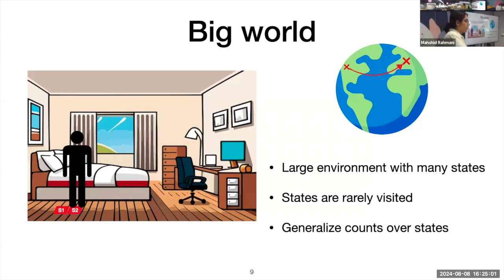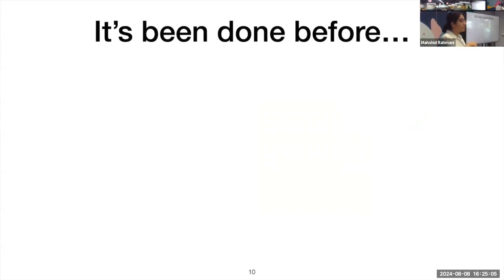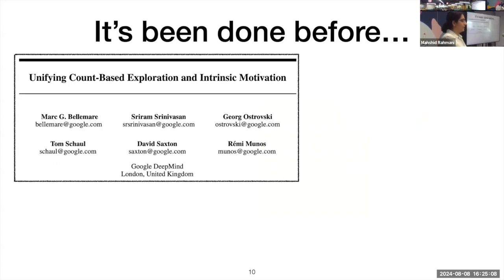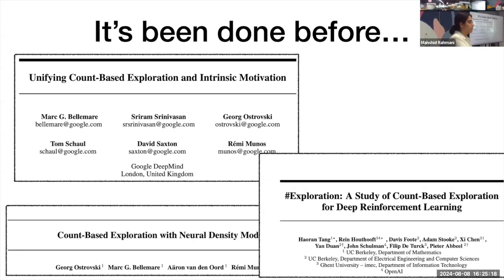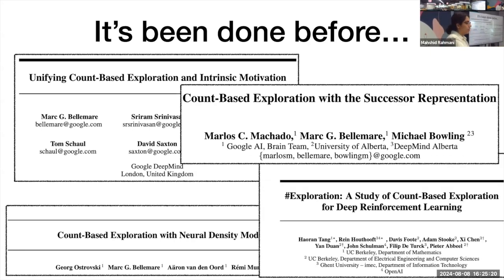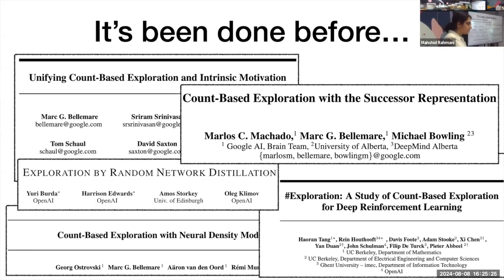I'm not the first person to notice this. There's been work before to do this. There's this unifying count-based exploration paper, pseudo-counts. There's this other one that does neural density models. There's this hashing one, a successor representation paper, random network distillation.